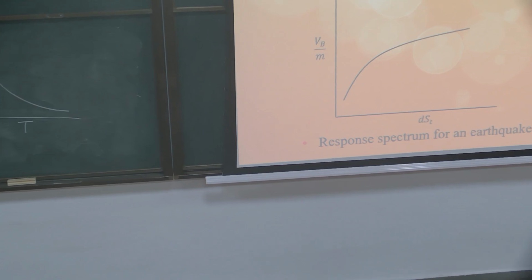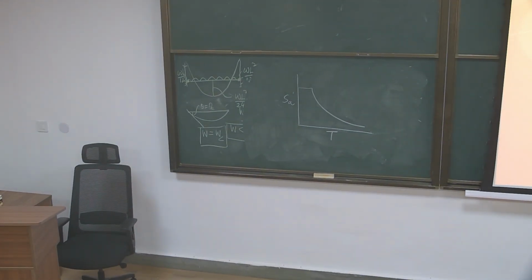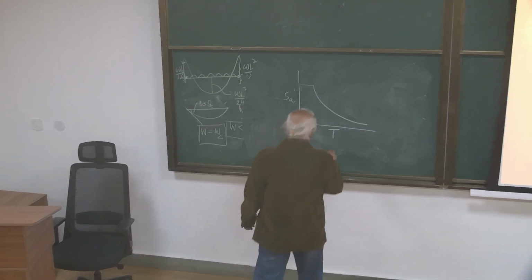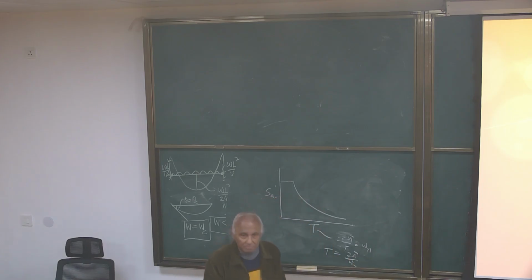Okay. So on the one side it is SA, other side it is time period T. Okay. Time period means 2 pi by omega n, or omega n by 2 pi. 2 pi by T is equal to omega n, and T is equal to 2 pi by omega n, where omega n is the natural frequency.